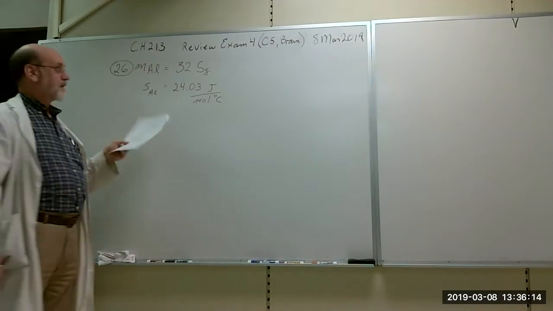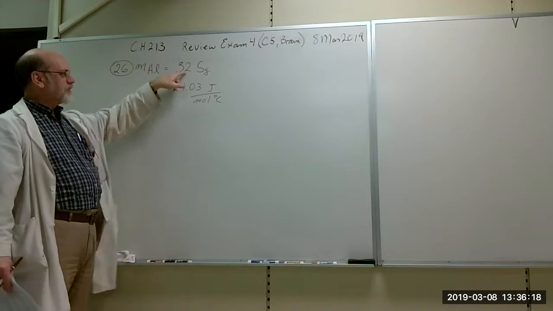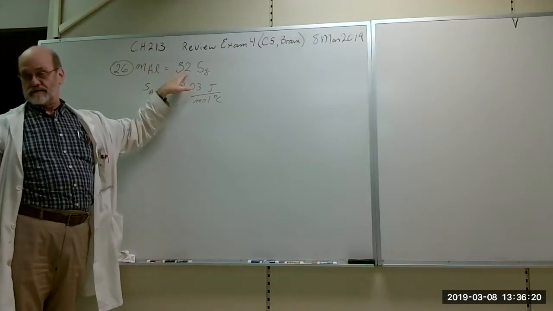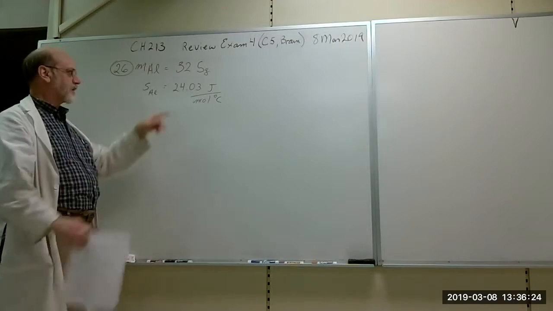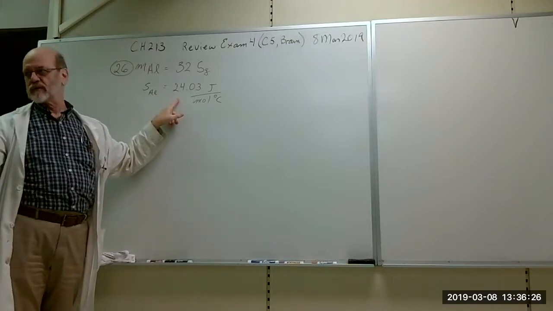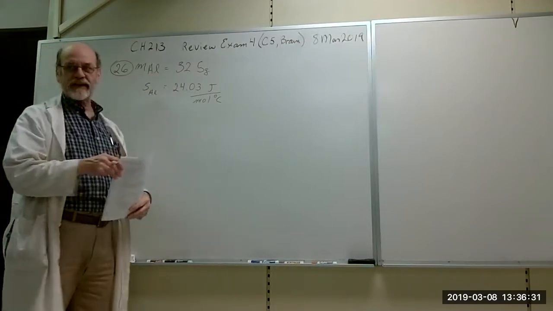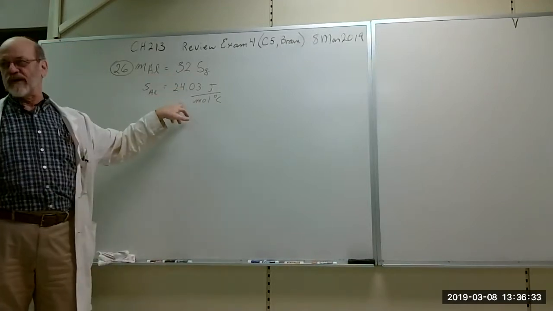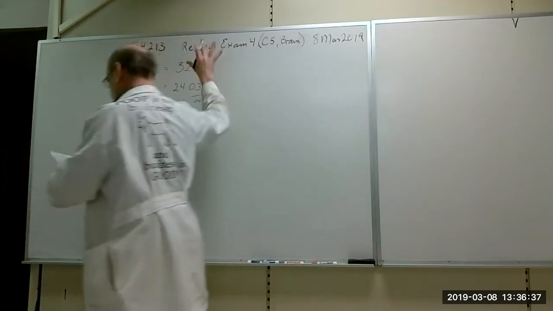Okay? That means in order to use this term, we've got to convert this to moles. Because I don't know how to convert this one to grams. I guess I could if I set my mind to it, but I think it's easier to convert this to moles and then use that value. So we'll do that in a second.